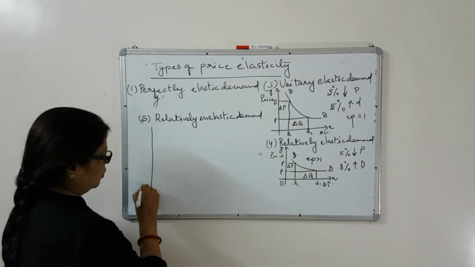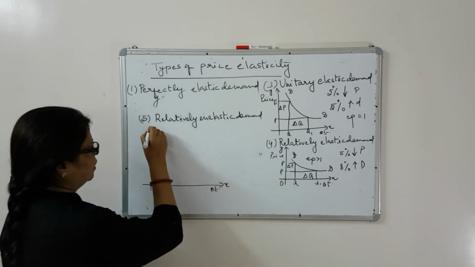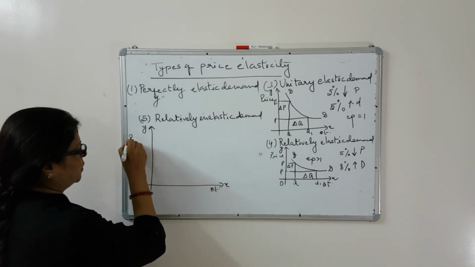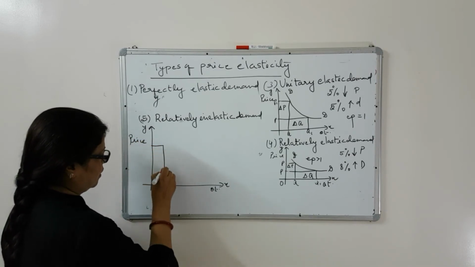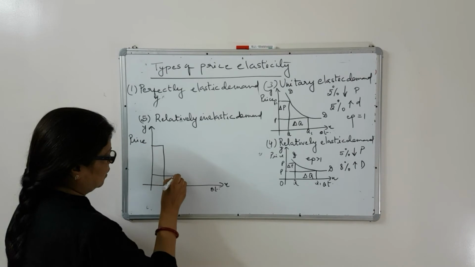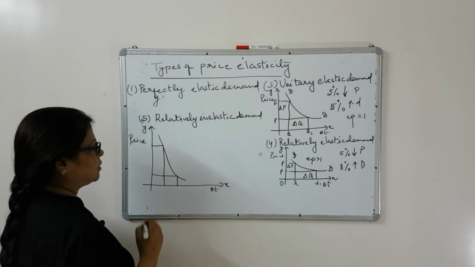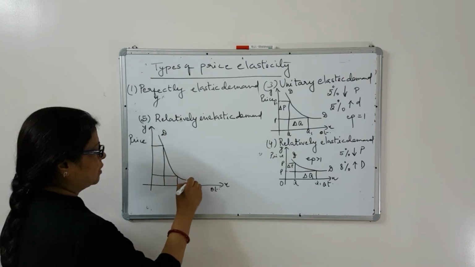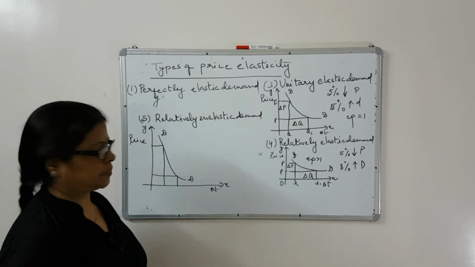So when you draw the x-axis quantity and the y-axis price, if you compare it with the other curves, you will see that the slope of this curve is relatively steep.